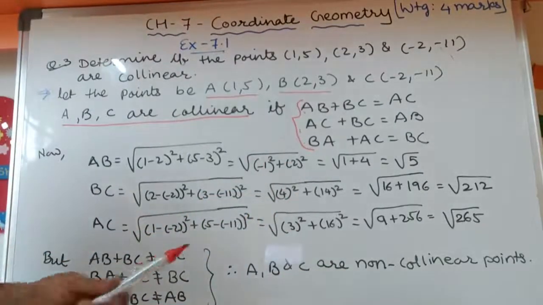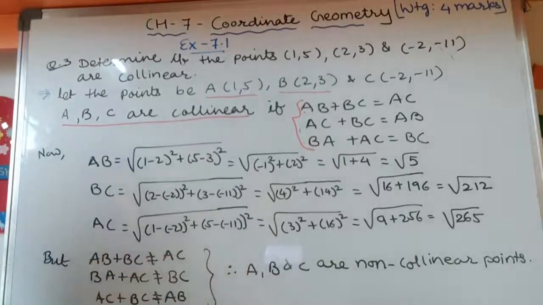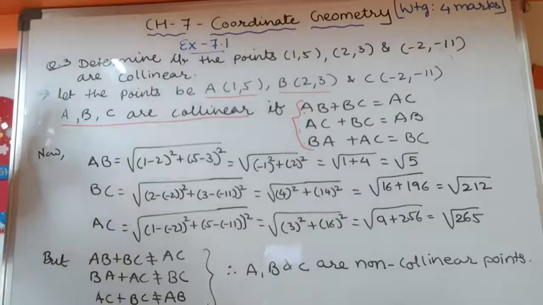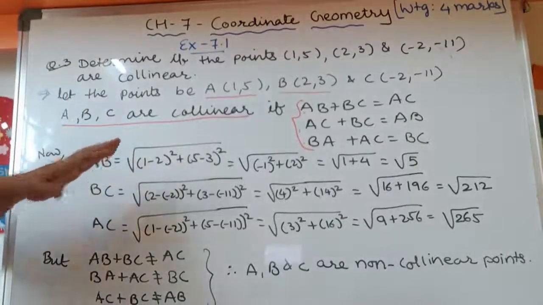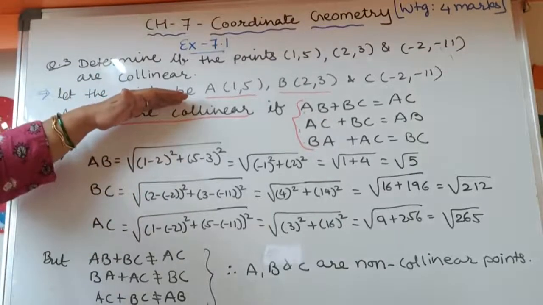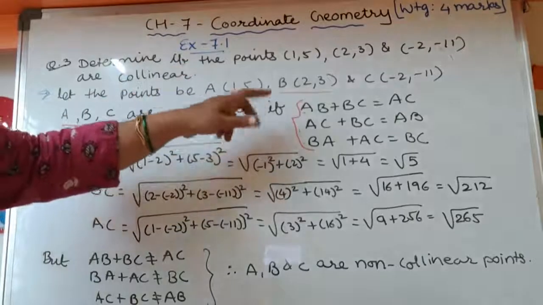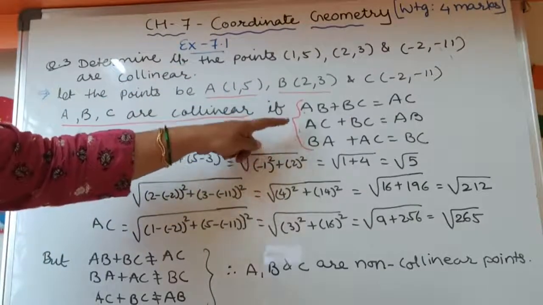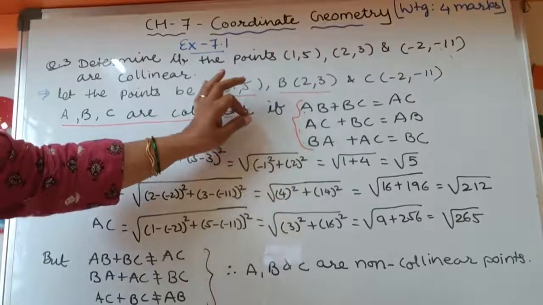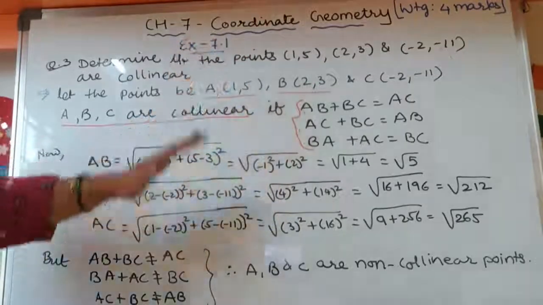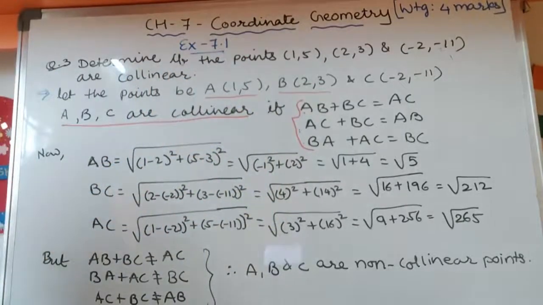Like this you can do such questions by this process. If they ask about collinearity, you first find the distances and check the addition. If any one of them holds, then you can say they are collinear points.